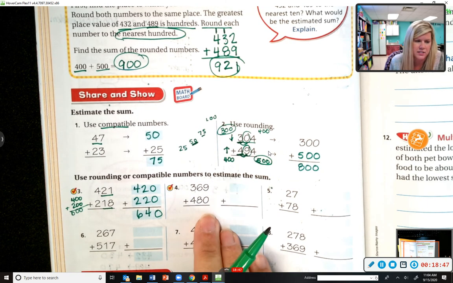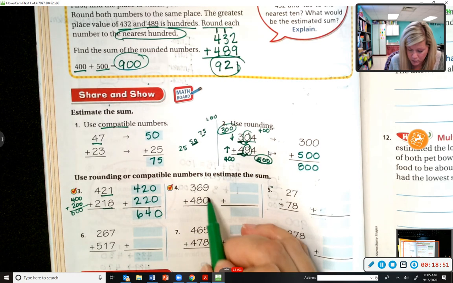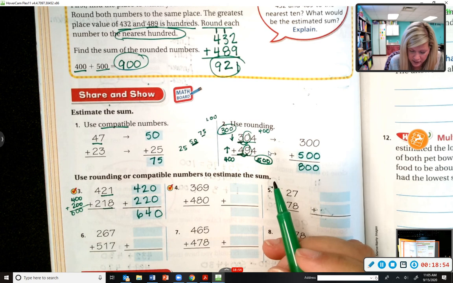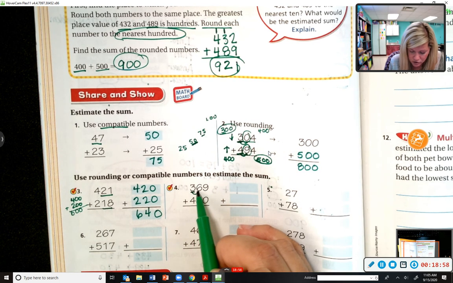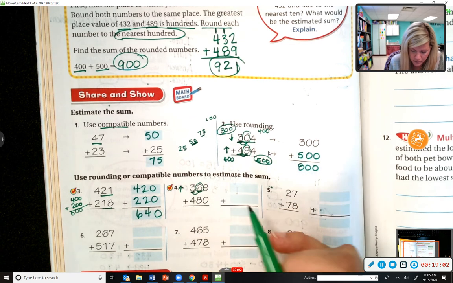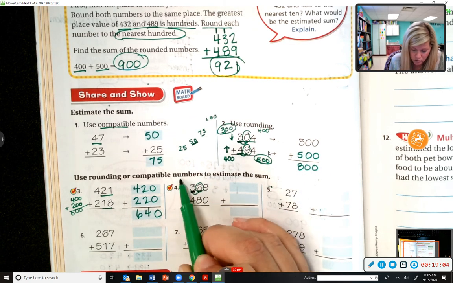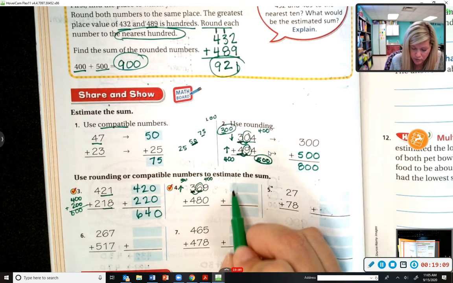That just means there's nothing really close that makes it compatible, so I want to go ahead and round to the nearest 100. 3, and I look next door, it's a 6, so that tells me I need to round up. This is between 300 and 400, so I want to round up to 400.